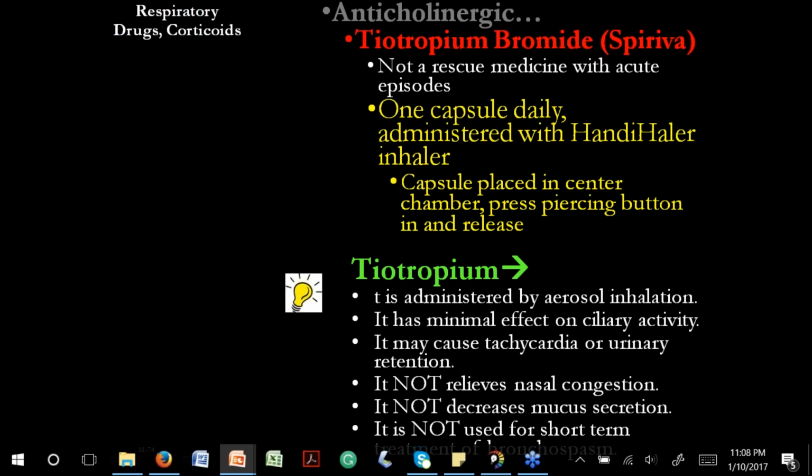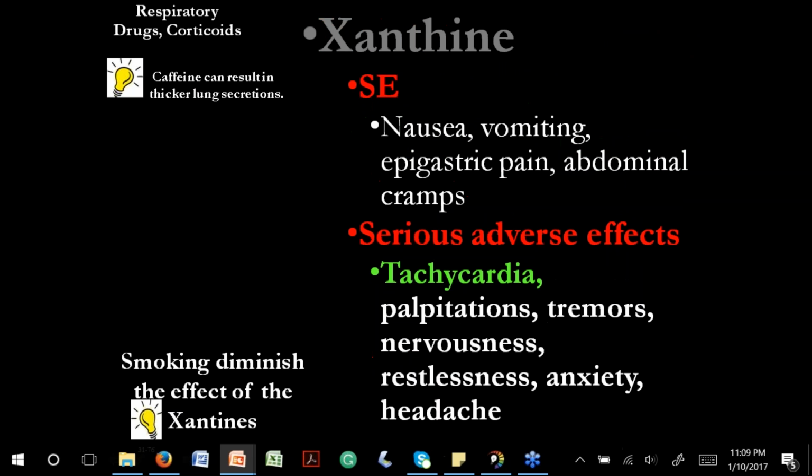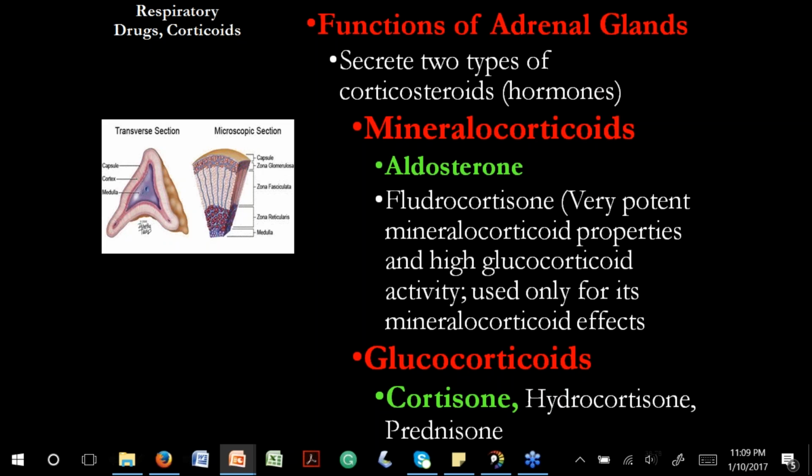Anticholinergics, we have the tiotropium. So remember what is the effect of the cholinergics? So now tell me what is the effect of the anticholinergics, right? Cholinergics, wet. Anticholinergics, dry. That is in few words, okay?